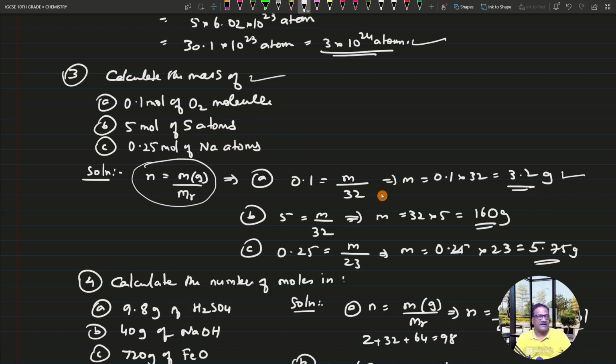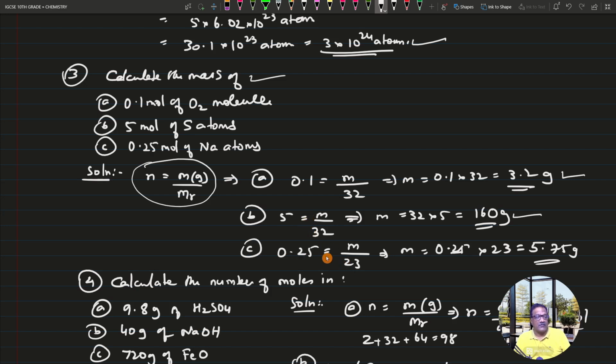Now this one, 5 moles of sulfur atom. So 5 will be equal to m upon, now sulfur's AR value is 32. So 5 into 32 will be the answer for m, that is 160 gram. Then again, 0.25 mole of sodium atom.